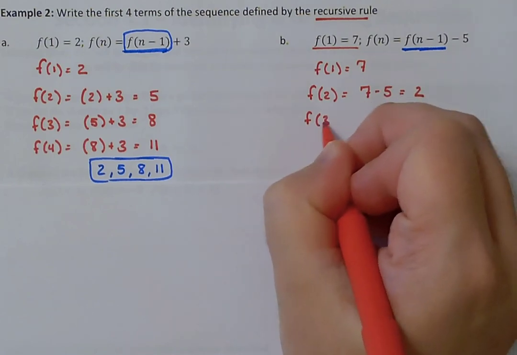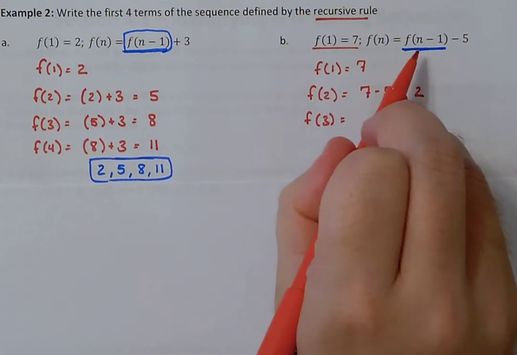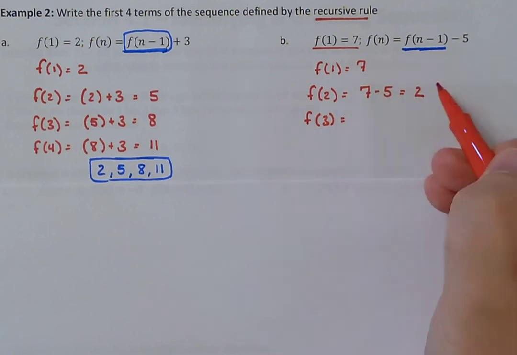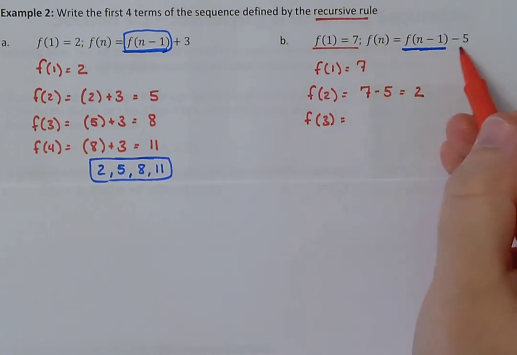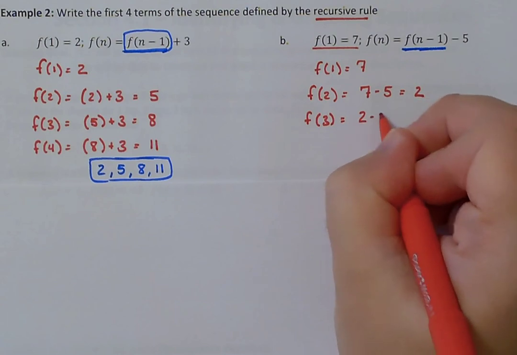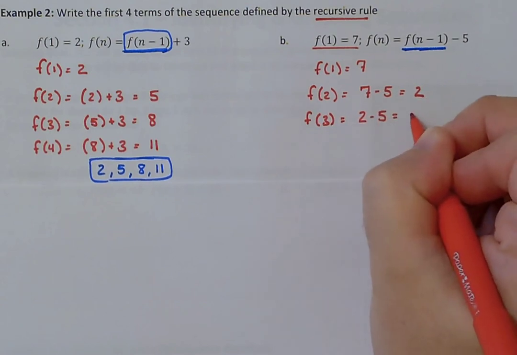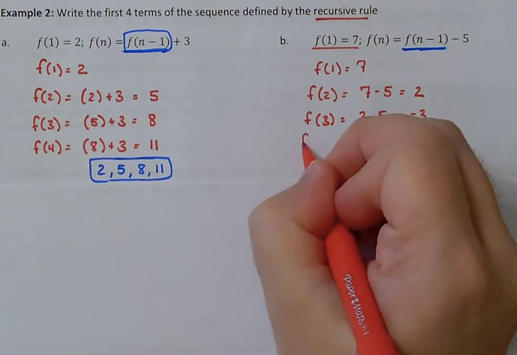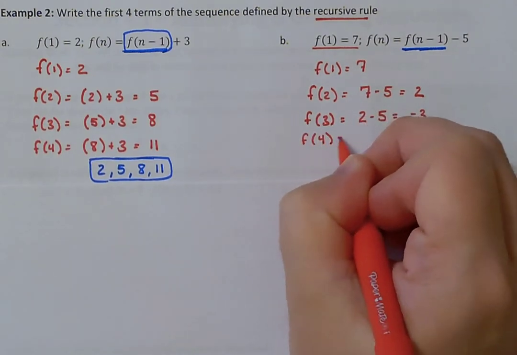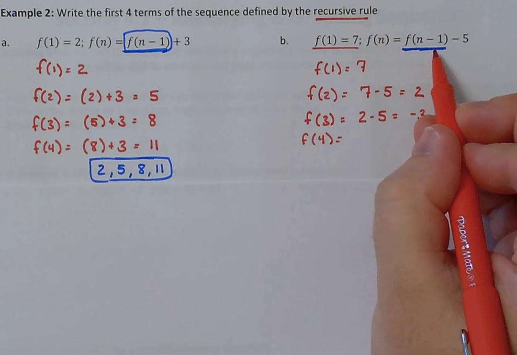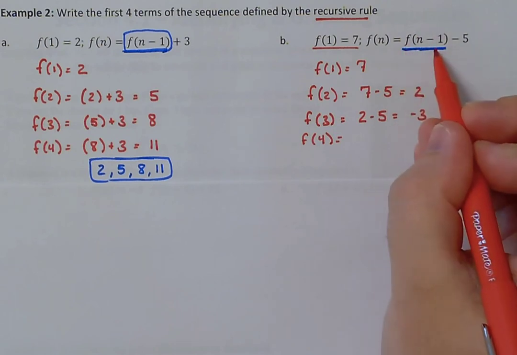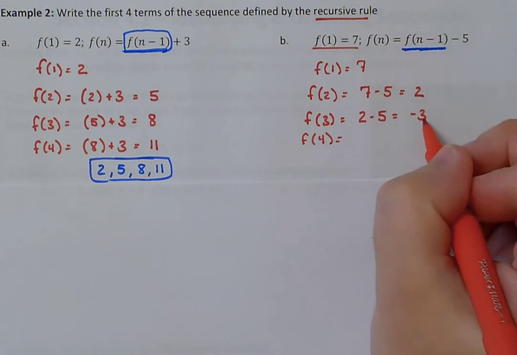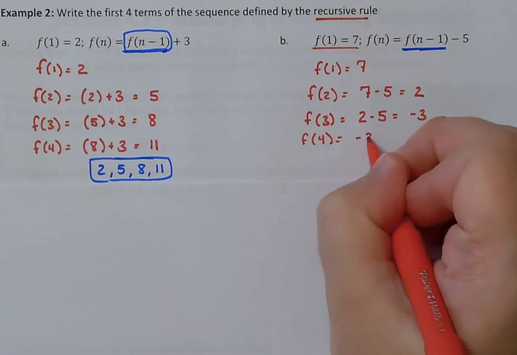F of 3, we're going to plug in the previous term, which is 2. So we're going to have 2 minus 5. And we get negative 3. For the fourth term, again, f of n minus 1 minus 5. We're going to plug in the previous term for this f of n minus 1, so negative 3.